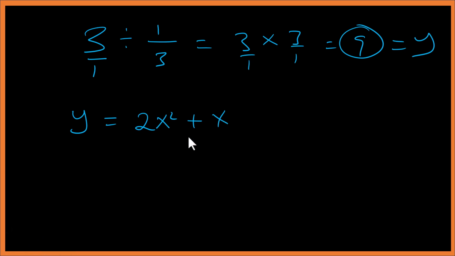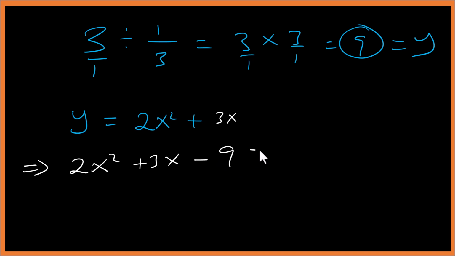So we have 2x² + 3x minus y. But y is what? y is 9. So I'll put 9 here, equal to 0. So this one becomes quadratic. So 2 times minus 9 is minus 18.